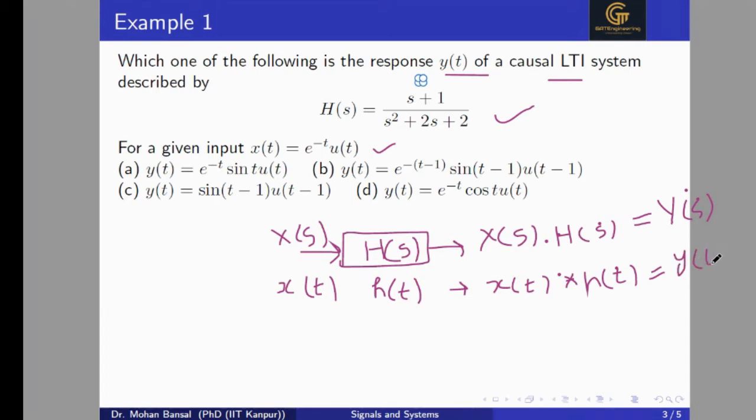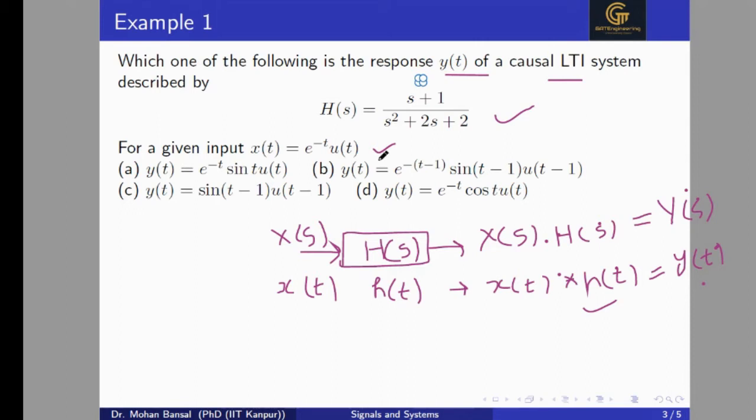In such a problem, first we need to take the inverse Laplace transform of H(s) to get h(t). That is one possibility. Then we compute the convolution of x(t) and h(t), and then we get y(t). This is one way to solve the problem.